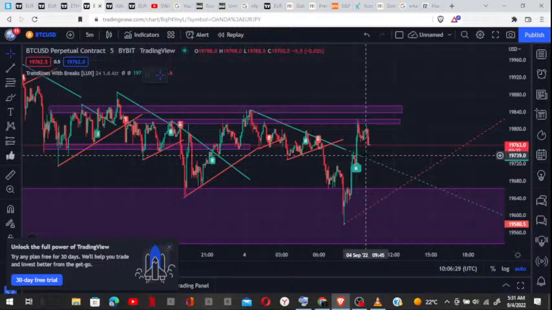Let me try and pin this message. Yeah, so guys, you can always check the message in our live chats. You'll find the name of the indicator. It's found in this platform called TradingView, and the name of the indicator is trending lines with breaks.